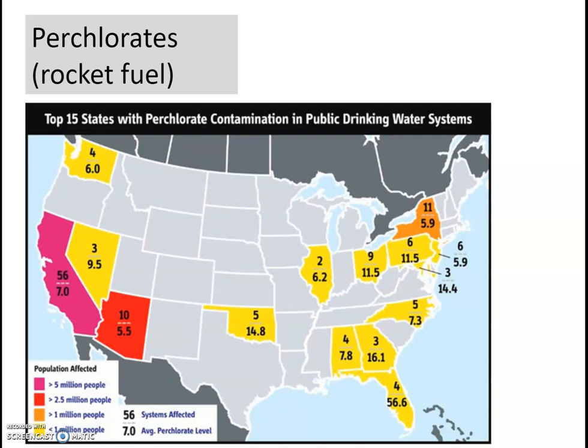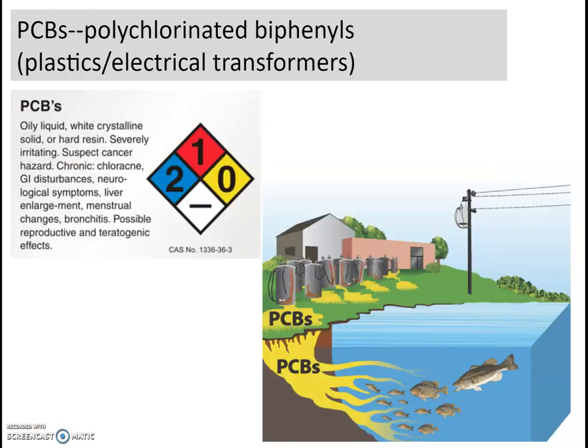Perchlorates are part of rocket fuel, so we have contamination in different areas where we see that. PCBs are polychlorinated biphenyls. They're used for plastics and different electrical things, sometimes cases of computers and stuff. We know that to be highly cancerous and highly toxic. We try to use less of that these days, but still there's quite a bit.